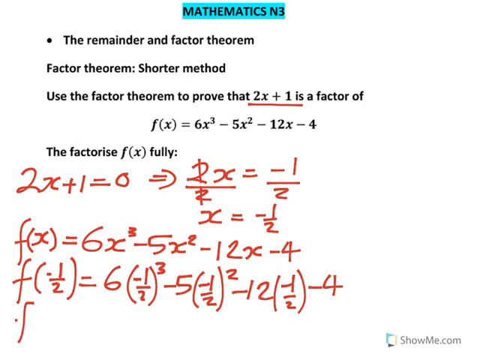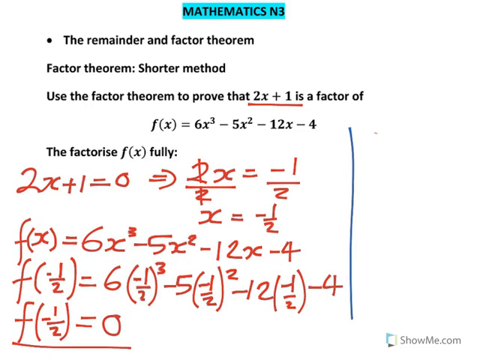And using a calculator, after using my calculator, I got a 0. Therefore, this is how you write it. You say, therefore, 2x plus 1 is a factor.